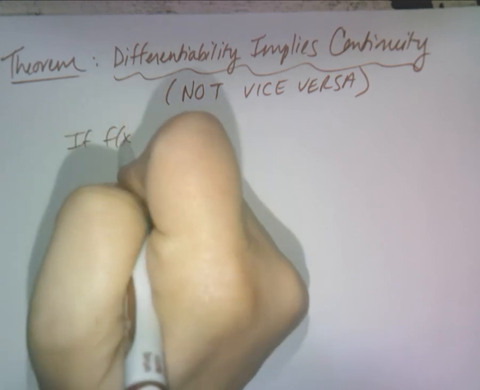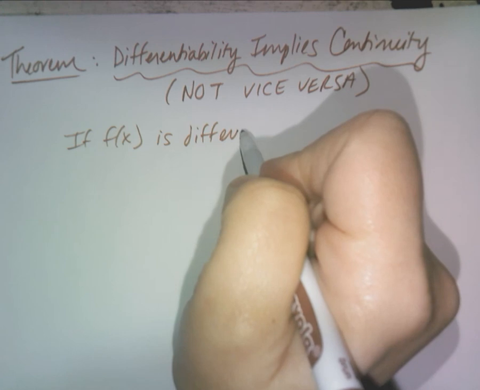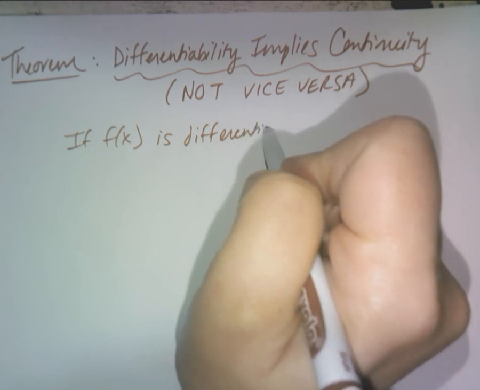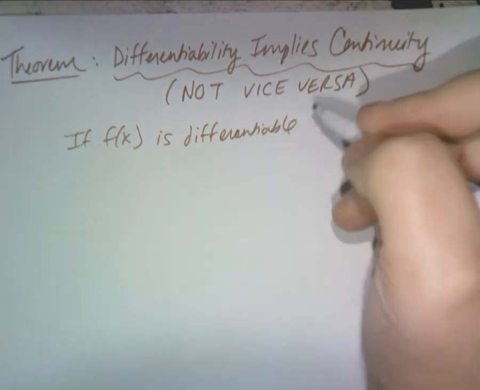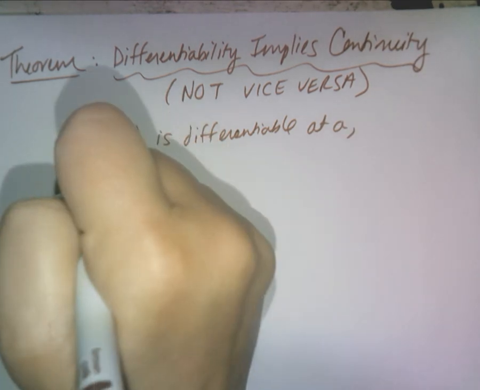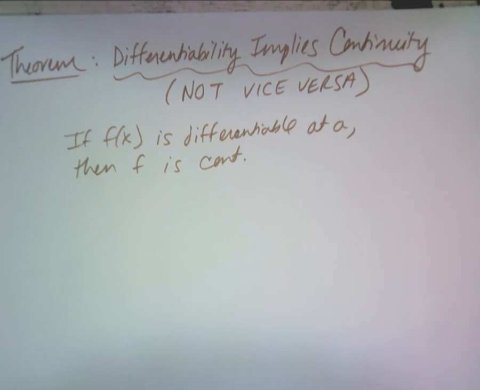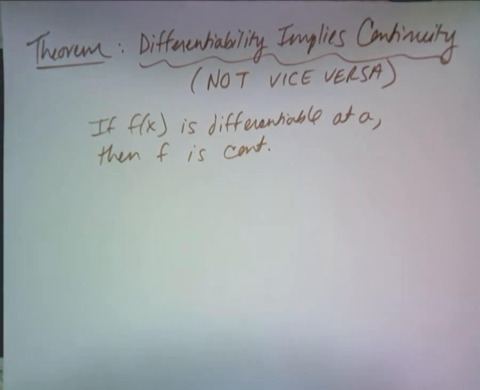If f of x is differentiable at A, then f is continuous. But I'm actually going to give you 3 pictures where that's not working the other way.